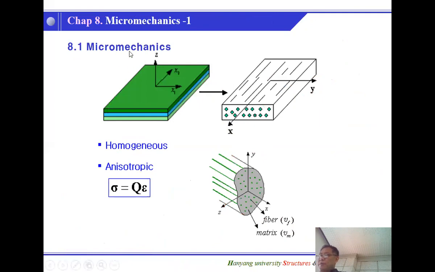Another important subject is micromechanics. Micromechanics, as I mentioned, we start with applied properties, right? Applied properties, we had two groups. One is the stiffness, and the other one is the strength.